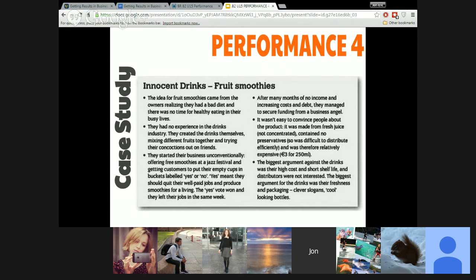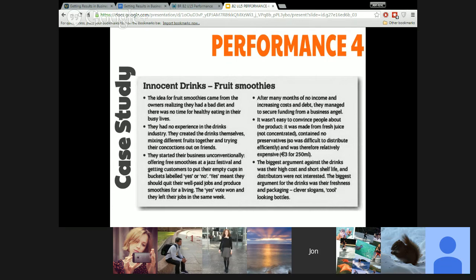The idea for fruit smoothies came from the owners realizing they had a bad diet and there was no time for healthy eating in their busy lives. They had no experience in the drinks industry.